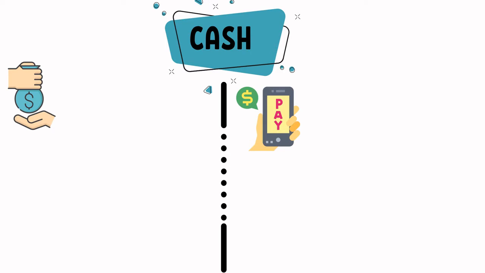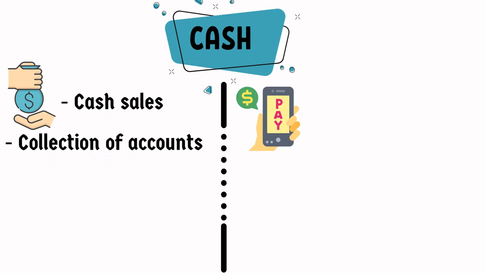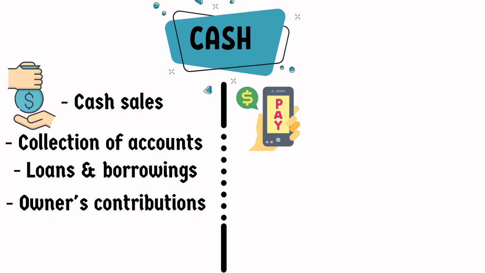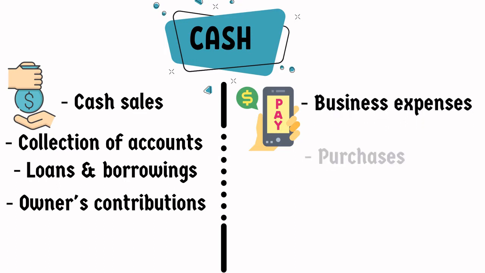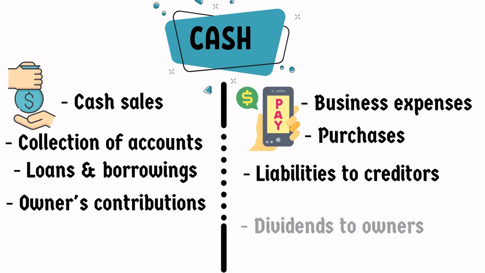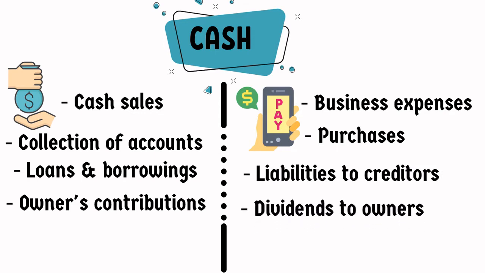Cash receipts come from cash sales, collection of accounts, loans and borrowings, and owner's contributions. The credit side naman of the cash account represents cash disbursement. Cash disbursement come from business expenses, purchases, liabilities to creditors, and dividends to owners.